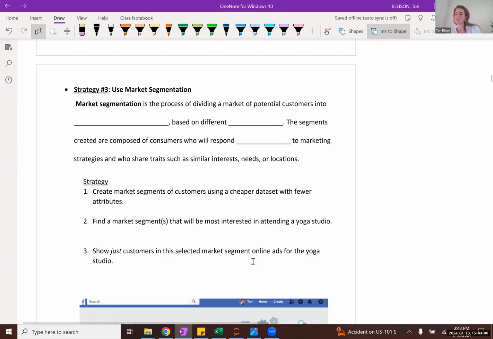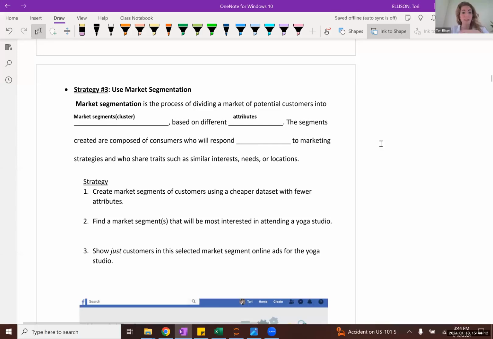We call this market segmentation. This is the process where we take a potential market of customers and divide them into what we call market segments, or using more formal language, which relates to what we're doing here, clusters based on different attributes about those particular people.